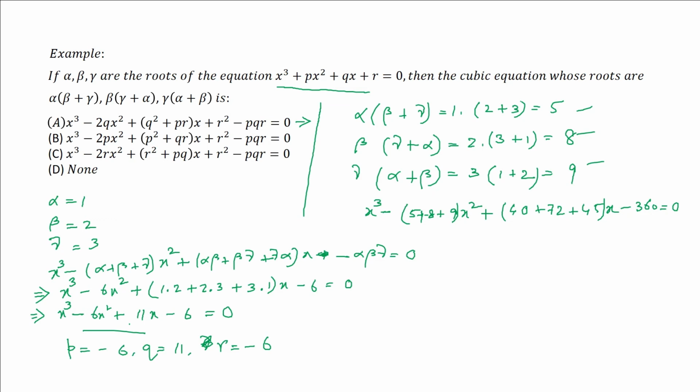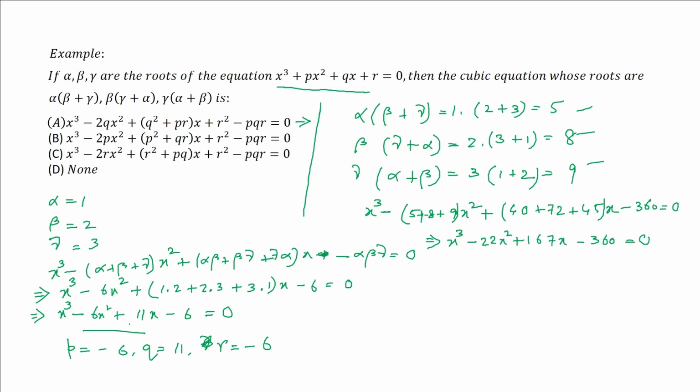So you get here x cube minus 22x square plus 167x minus 360 equal to 0.